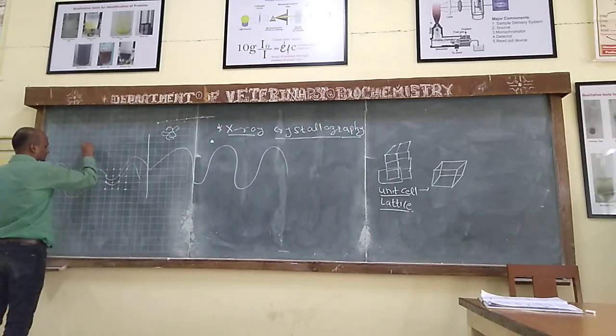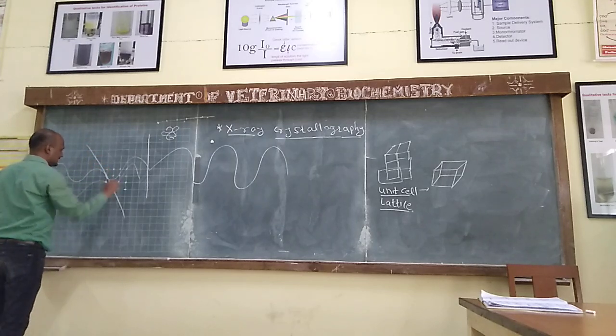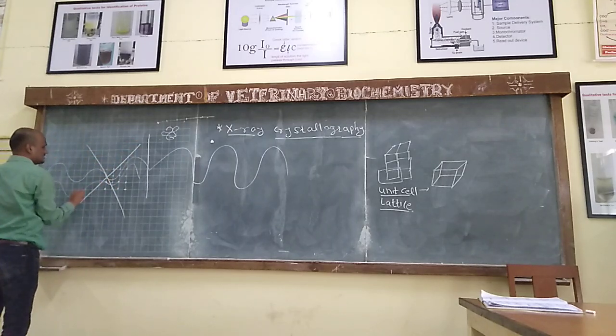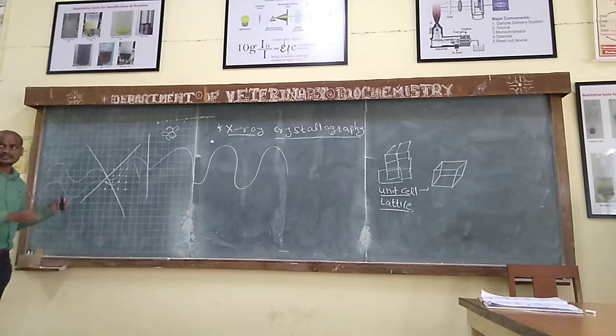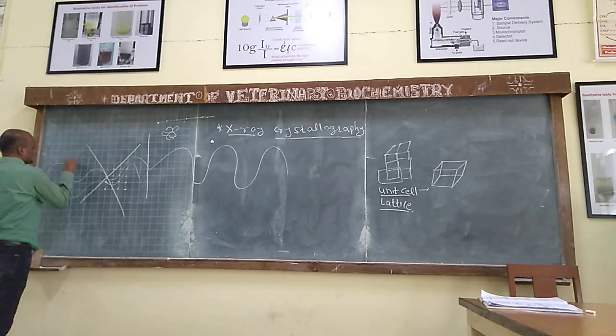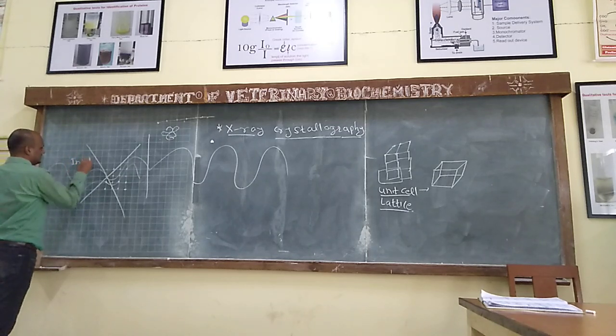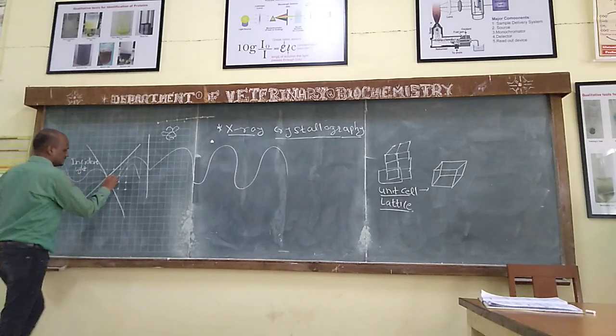So here if you pass the line like this, this is the incident light. The light is coming from this direction and scattering or bombarding on this point. So this is constructive. This is the incident light, and this is the transmitted light.